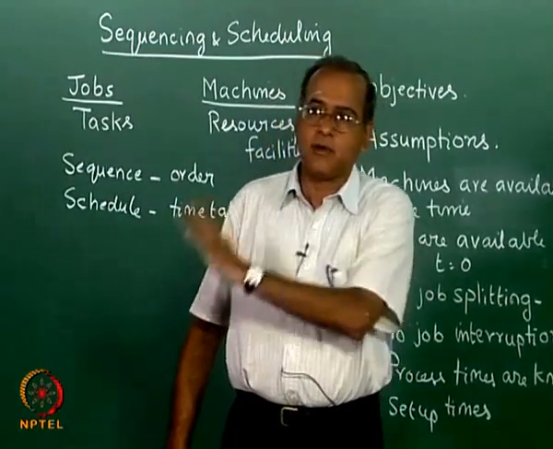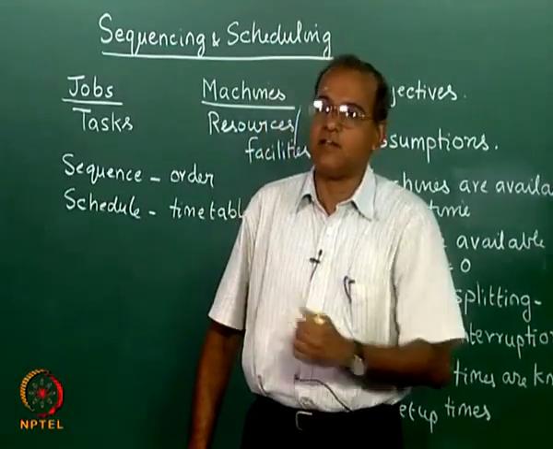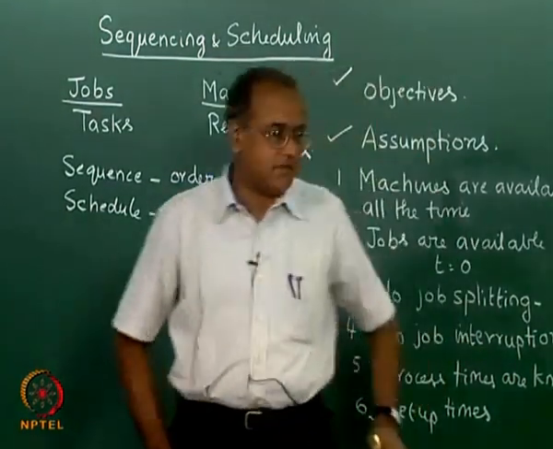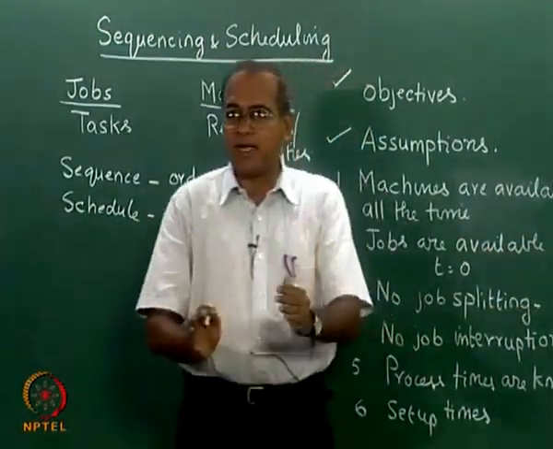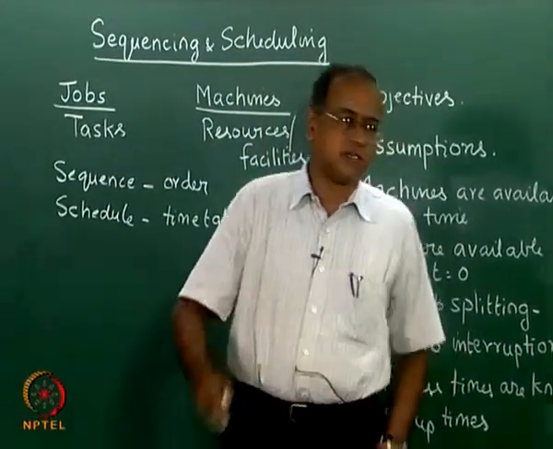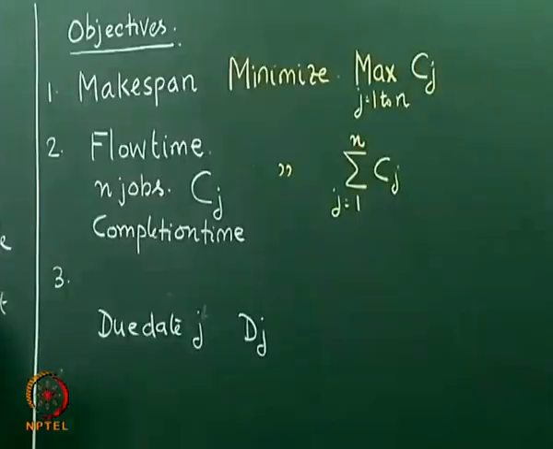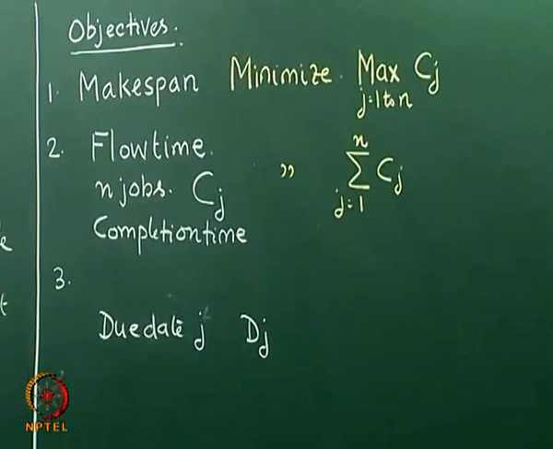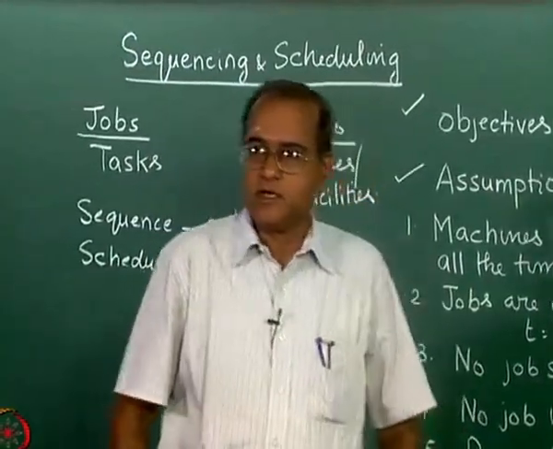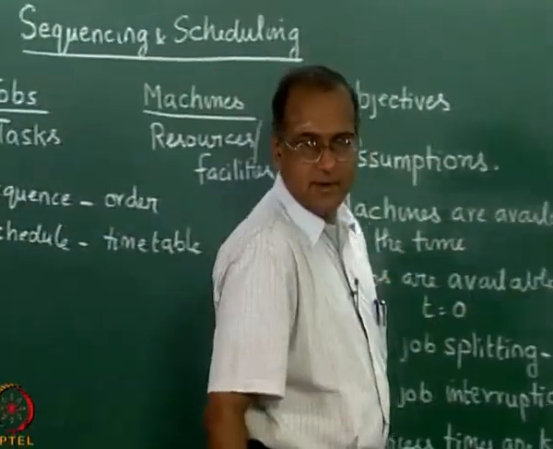So, from the customer due date we can always derive the manufacturing due date, the time at which we expect this job to be completed by the manufacturing facility. So, in all our discussion, due date would simply mean the time at which this job is expected to be finished by the manufacturing facility. Each job has its due date.